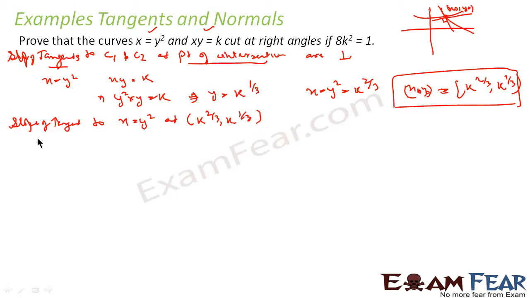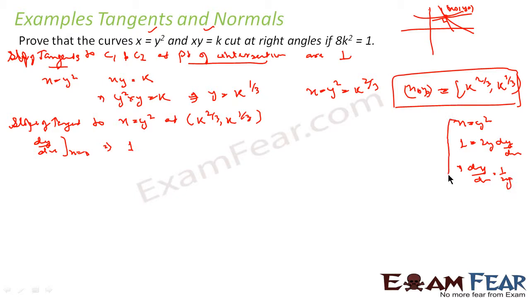Let's find this value. For this I have to find dy by dx at x is equal to x naught. If x is equal to y square, and you differentiate both sides with respect to x, you get 1 is equal to 2y dy by dx. Or my dy by dx is nothing but 1 by 2y.